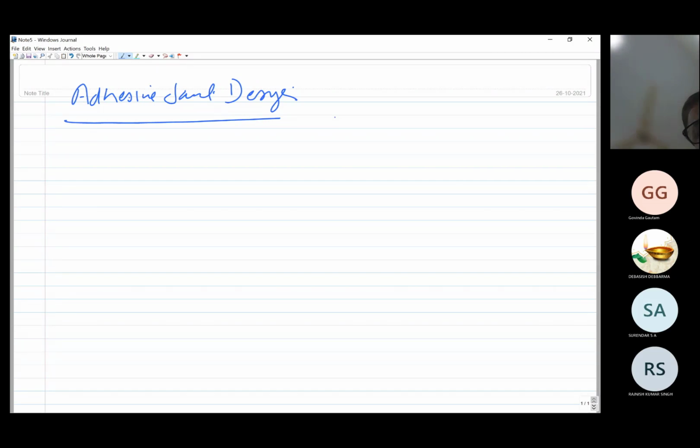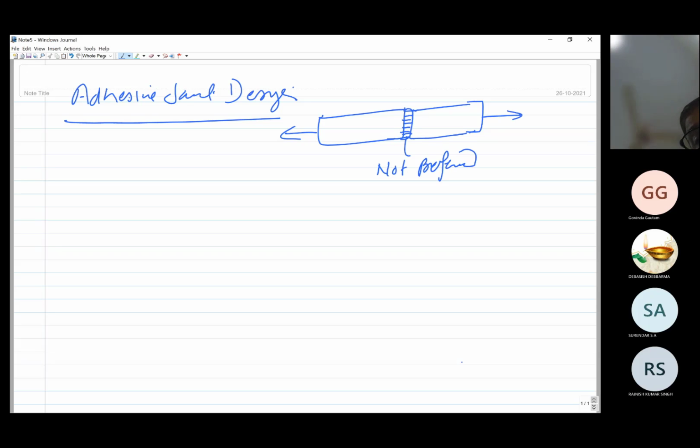Okay, so what are those? You know that the typical tensile loading in the case of adhesive joining happens in this manner. This is the pure tensile, where between the two components a butt joint is made and subjected to tensile load. This is not the preferred type of adhesive joint, because the lap area or the joining area is very limited, so the strength is very poor.